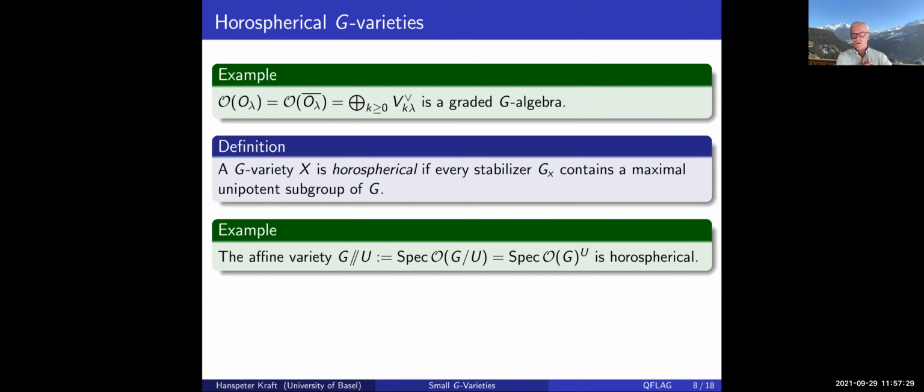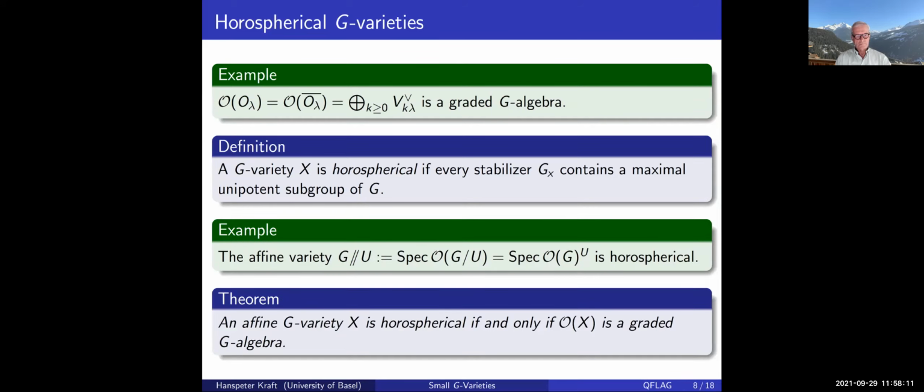In fact, the coordinate ring C[G/U] contains exactly every irreducible representation of G once. That's one of the famous properties of the U-invariant ring. It contains every V lambda with multiplicity 1. And it's horospherical. So if you multiply in this ring here, C[G/U], you multiply V lambda with V mu, you get exactly V lambda plus mu.